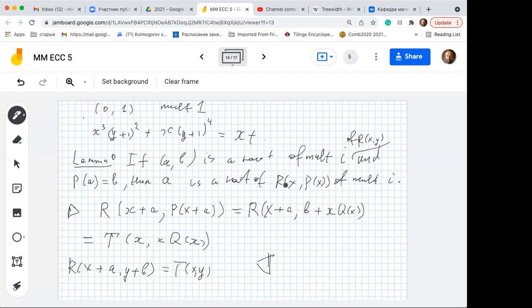So that means that for every point xi where the value of tilde P is correct, that xi is a root of R of x, P of x of large multiplicity.